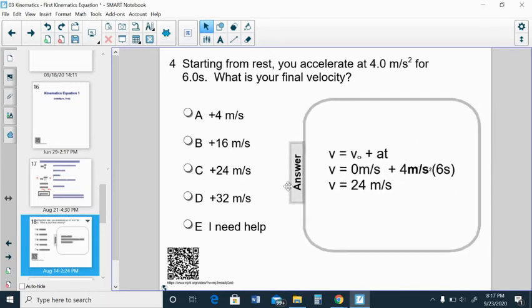Using the first kinematics equation, simply substitute in the values. Since we're starting from rest, our initial velocity is 0 meters per second. Added to the 4 meters per second squared acceleration times 6 seconds, you end up with 24 meters per second, c.